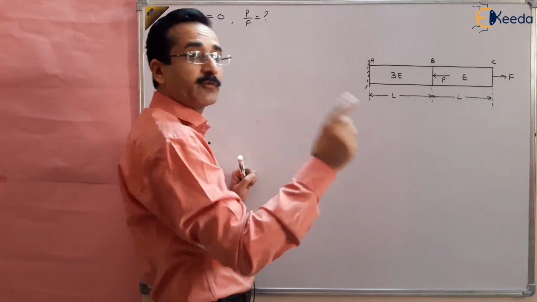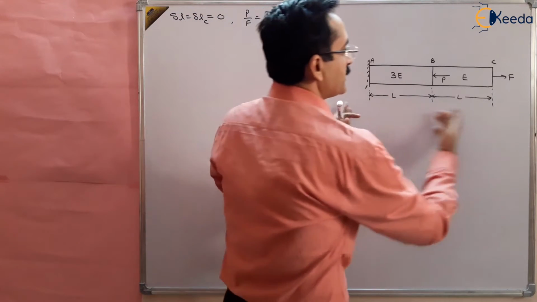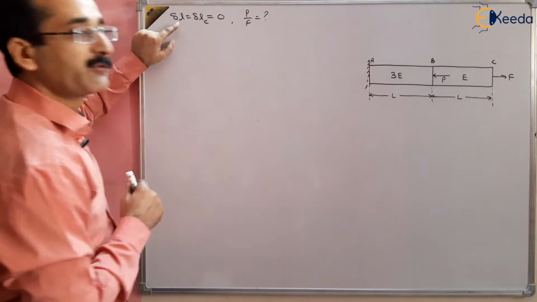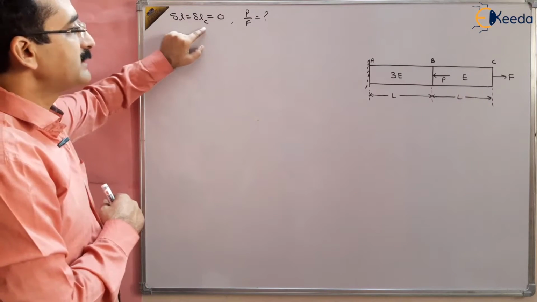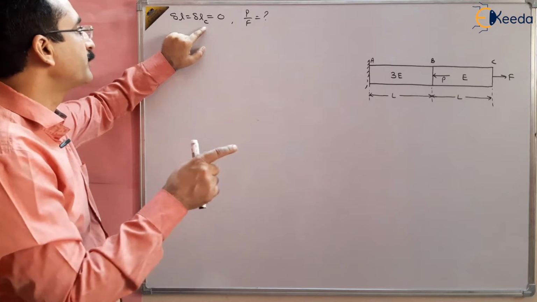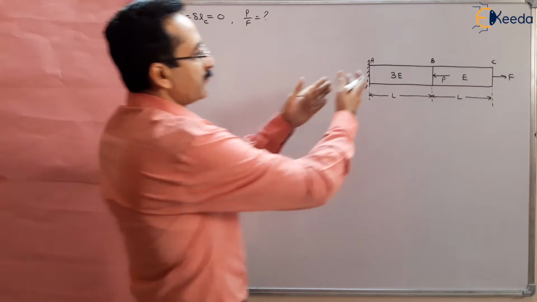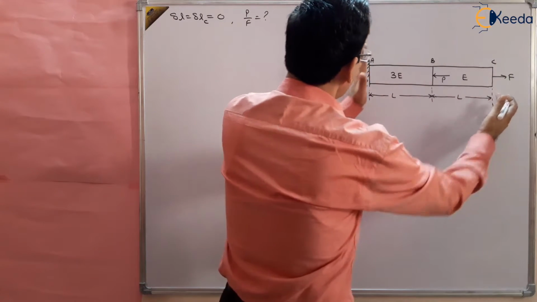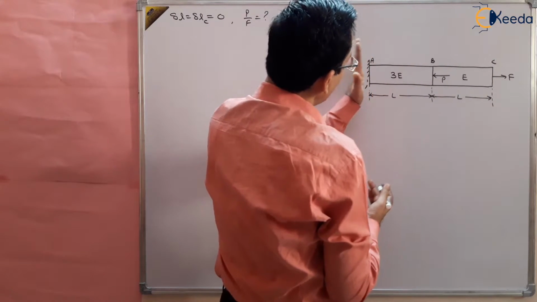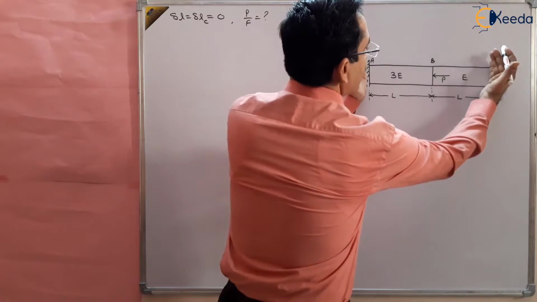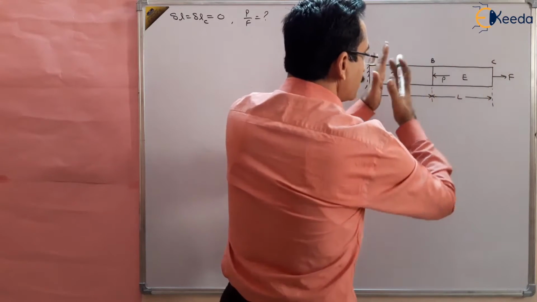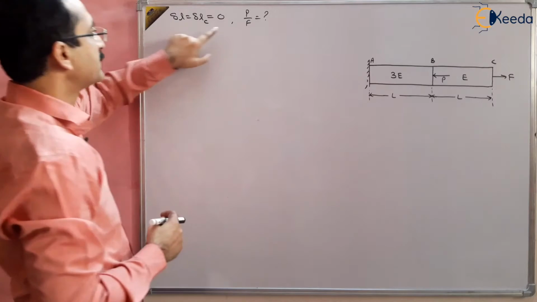The deformation of point C is 0 and the bar is fixed here. It means that there is no deformation actually. The total deformation in the bar is 0. That's why I have written total deformation delta L. Delta L at C, the deformation at point C, means the total deformation of the bar is 0, because this end is fixed and the other point has no deformation. So delta L is equal to 0.